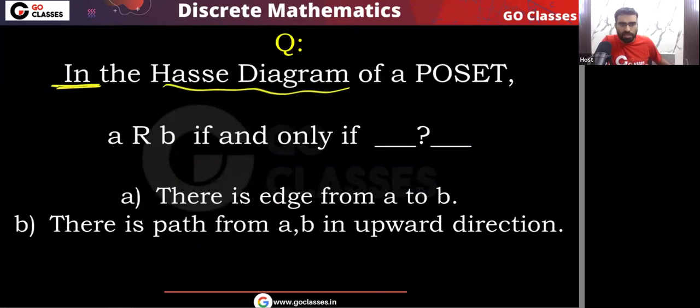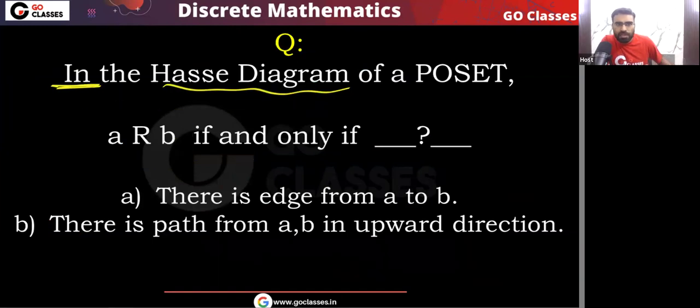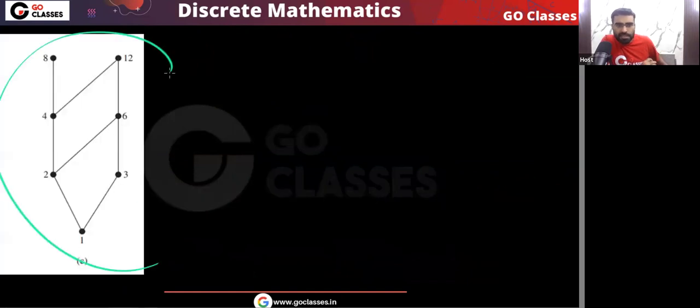Now, in the Hasse diagram, A is related to B if there is a path from A to B in the upward direction. For example, look at this Hasse diagram. Can I say 1 is related to 8?